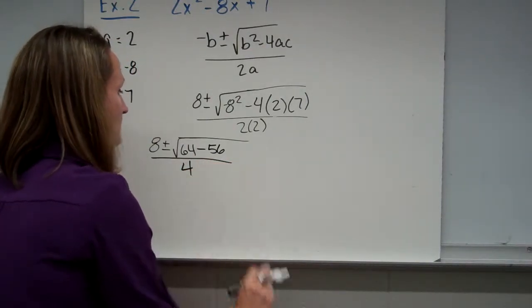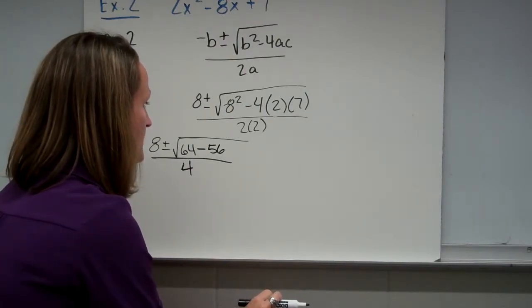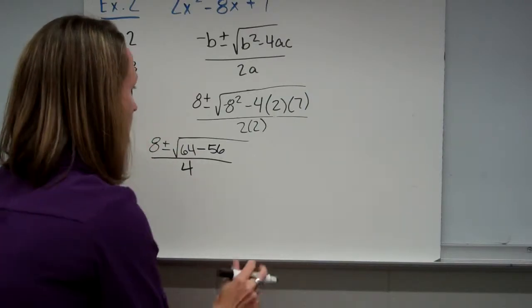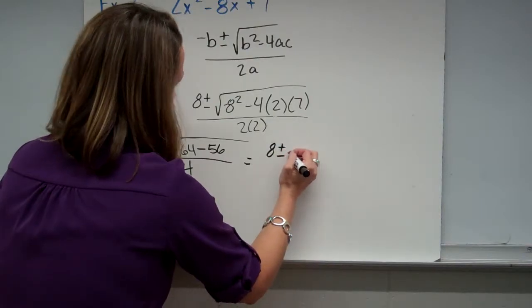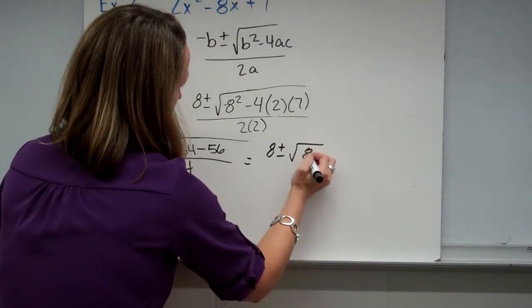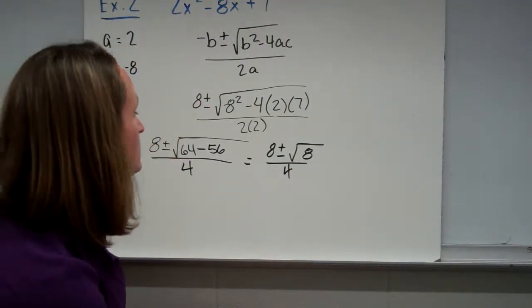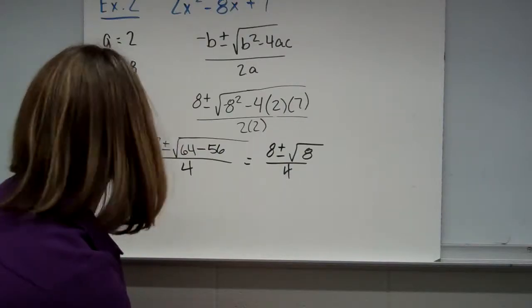Over 4. 64 minus 56 is 8. Yes. So we're going to have 8 plus or minus square root of 8 over 4. I'm double checking my math one last time.